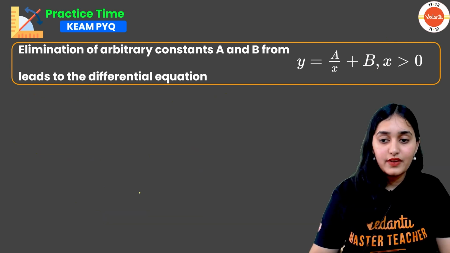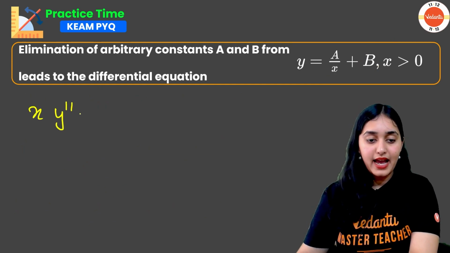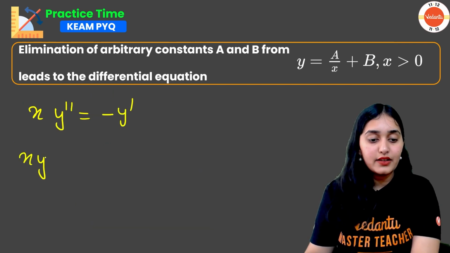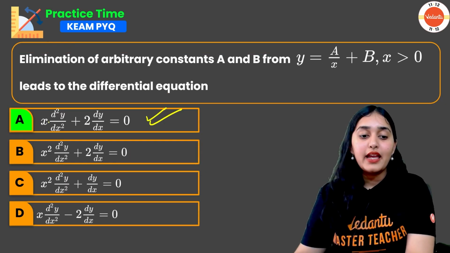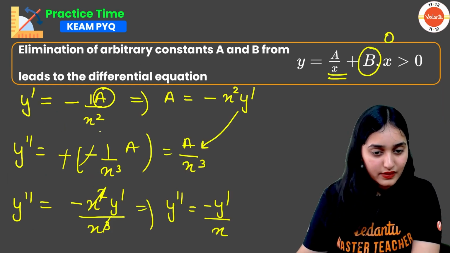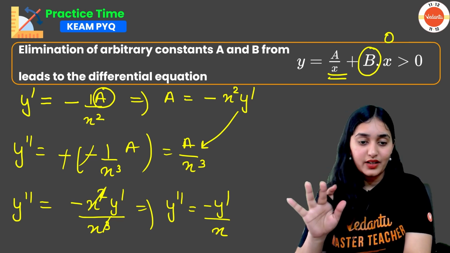So if we simplify it, we get x into y double dash is equal to minus y dash, right? So this will be x into y double dash plus y dash is equal to 0. So this is our answer. X into y double dash plus, oh, we have missed a 2 somewhere. Let's see. Oh, I am so sorry.